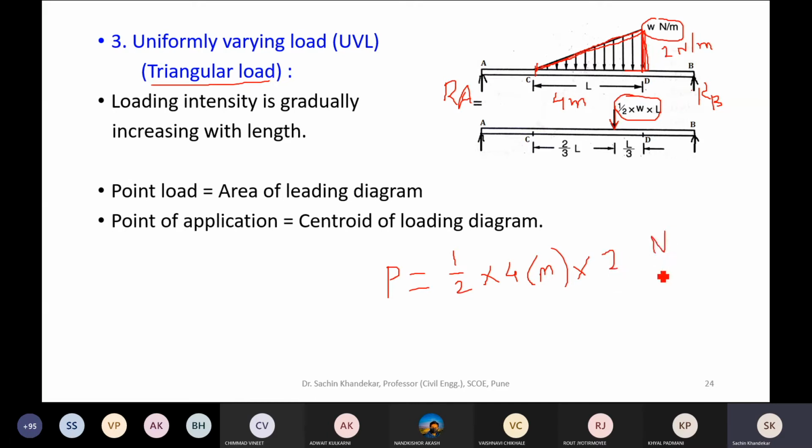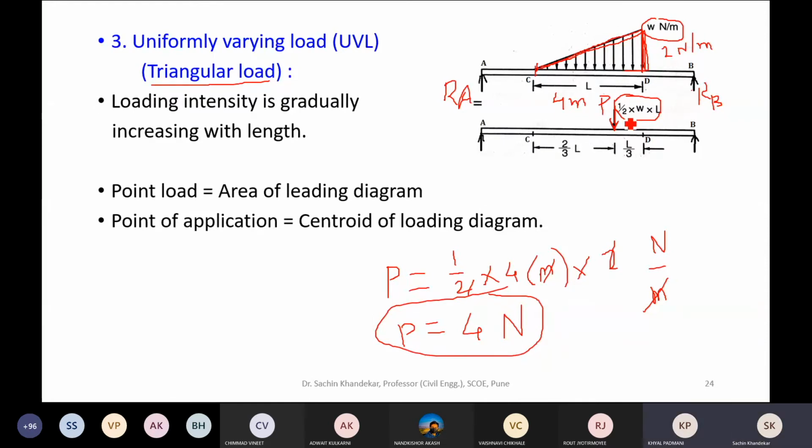So this meter gets cancelled, and this 2 gets cancelled, so the concentrated load is 4 Newton, right? Now, what about the point of application of this P, whose magnitude is 4? Through which point? Can anybody answer?